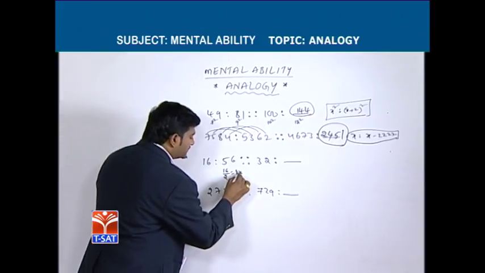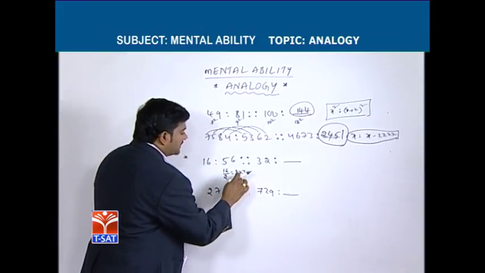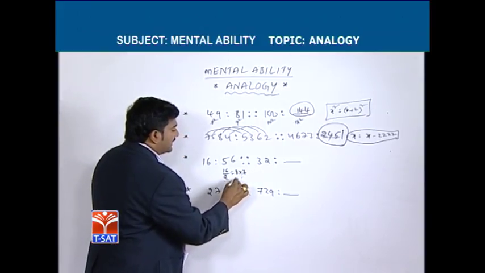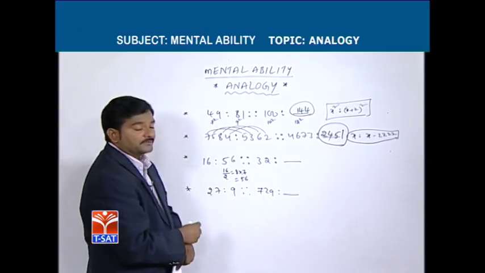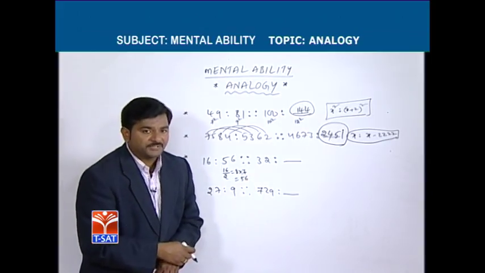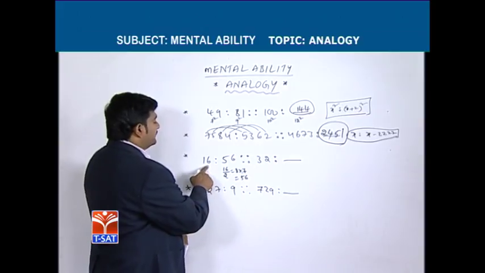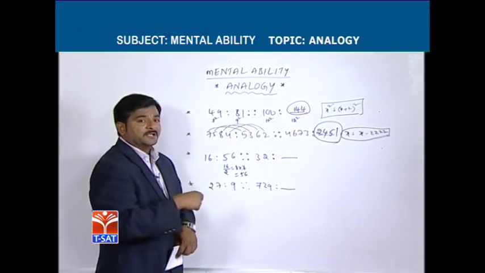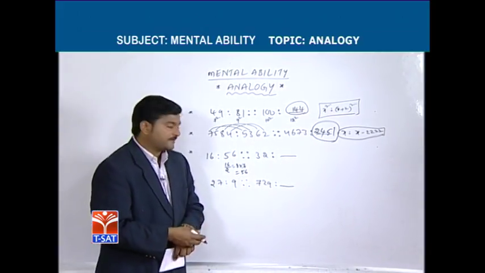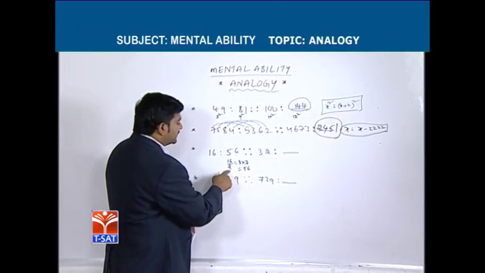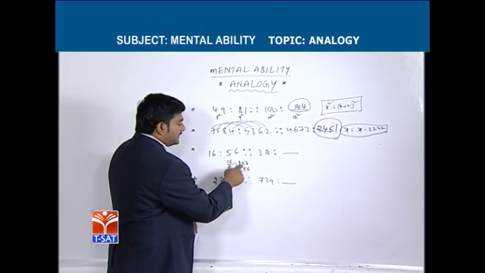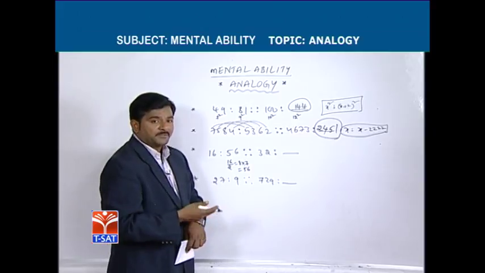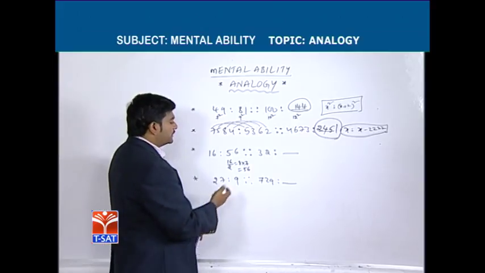So multiplying 8 with 7. 8 sevens are how much am I getting? 56. What is the concept involved here? Doing half of this number and after getting that number, multiplying with 7. So 16 by 2 means 8. Multiply 8 by 7. What am I getting? 56. I hope you understood this concept.